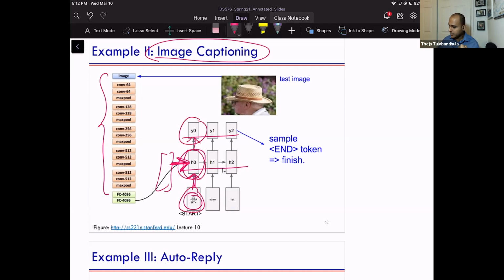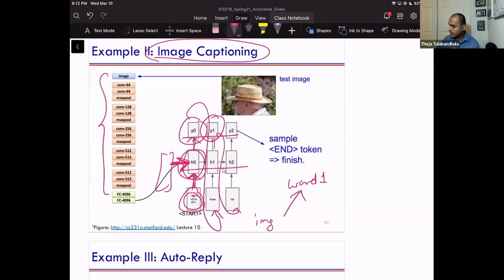Okay, let's say you produce the first word. You use the same word as the next input, and then produce the second word, and so on. So you just loop. You produce one word at a time. So word 1 is produced from the image.